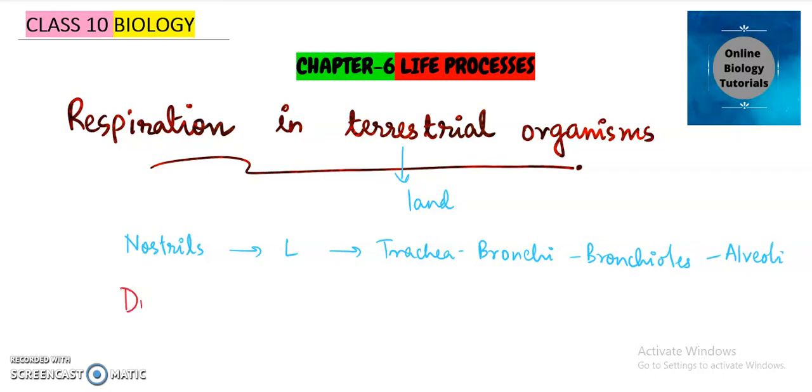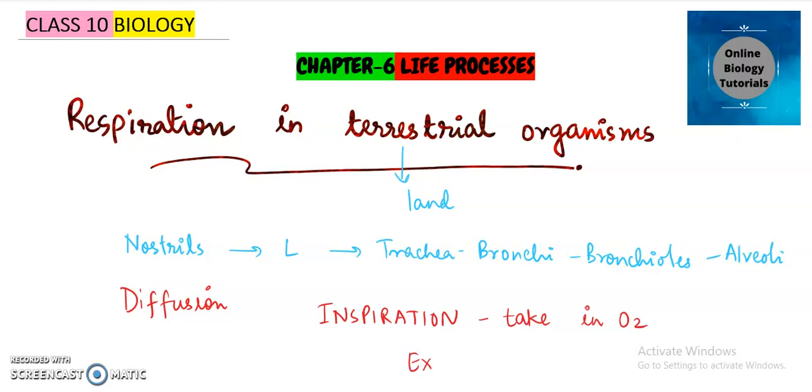Now in this process, when we take in oxygen, this process is known as inspiration. So inspiration is a process when we take in oxygen. And expiration is a process when we exhale. When we exhale, what gas do we exhale? We exhale CO2 or carbon dioxide because this is a waste gas of our body.